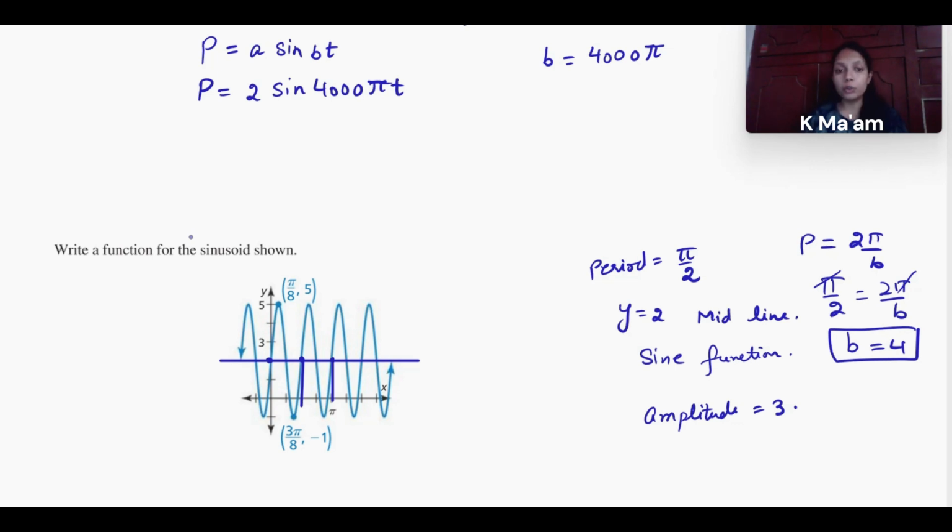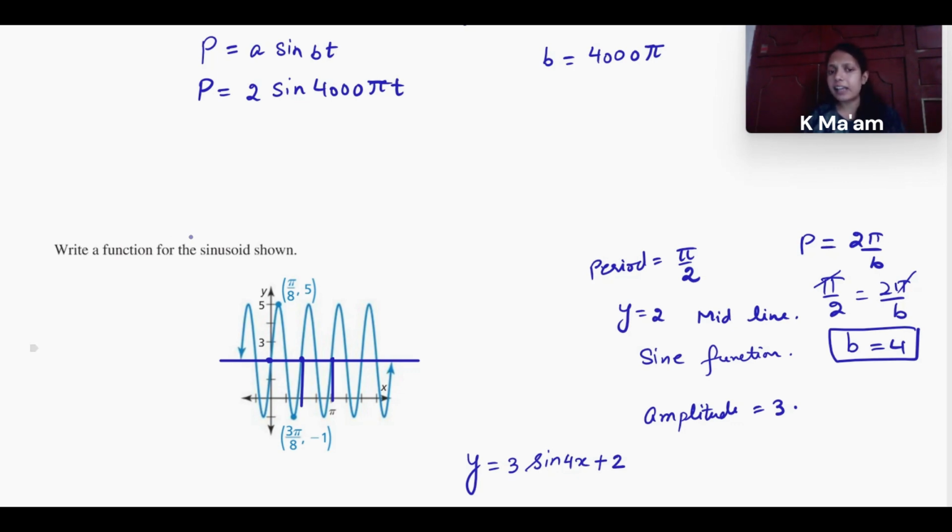Anything else? No shift. Midline is 2. So the function will be y equals 3 sine 4x plus 2. This is the function: y equals 3 sine 4x plus 2.